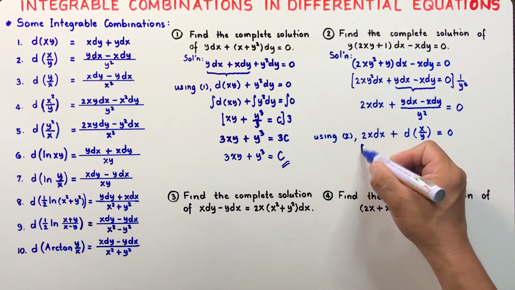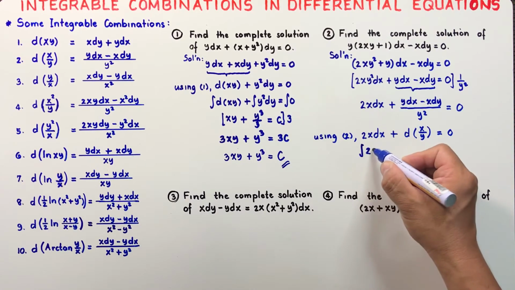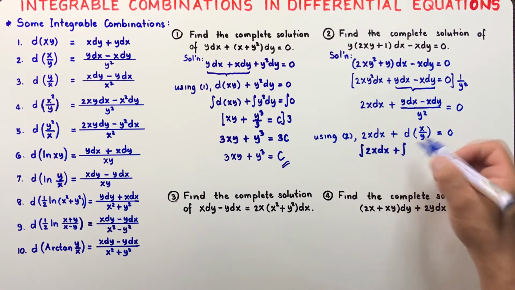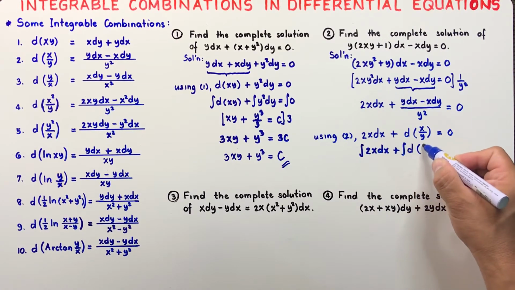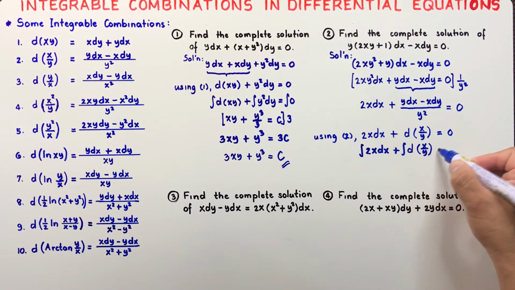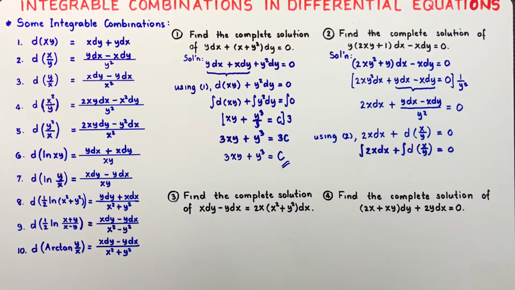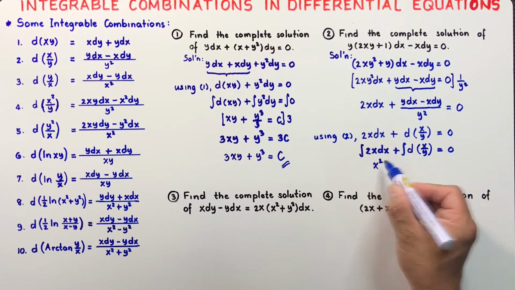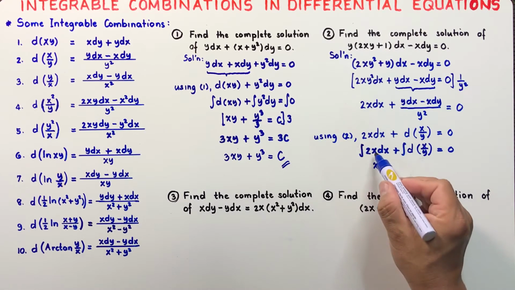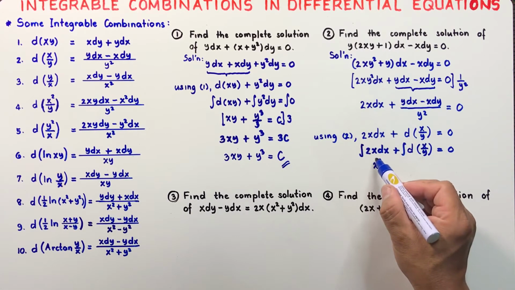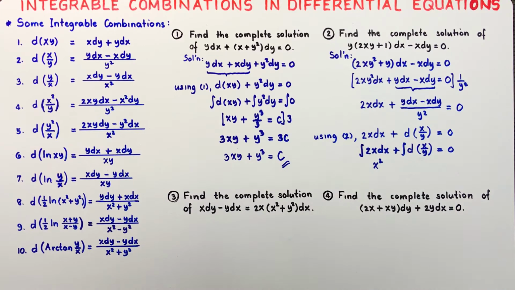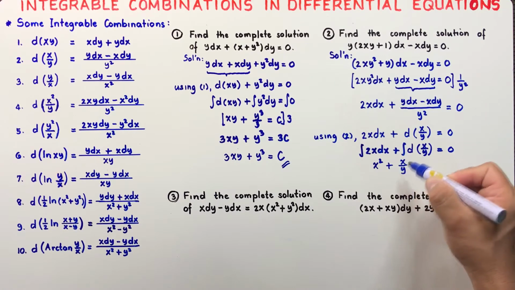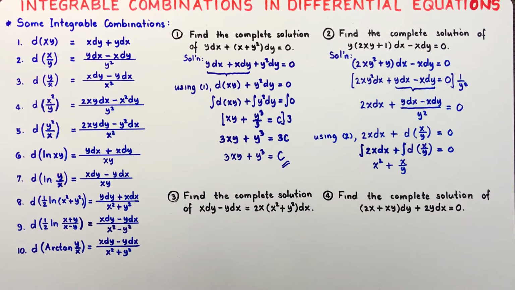So taking the integral to each term of this equation, we have the integral of 2x dx plus the integral of the differential of x over y, which is equal to 0. And the integral of this 2x is x squared, because the integral of x is x squared over 2, and the denominator of 2 cancels with the 2 there, plus x over y, because the integral of the differential cancels each other.